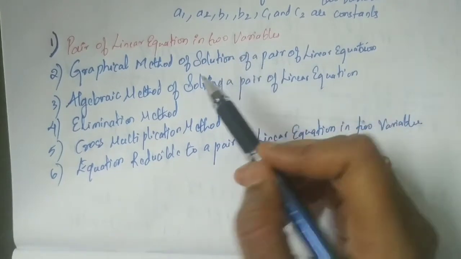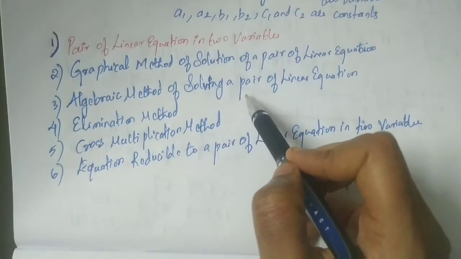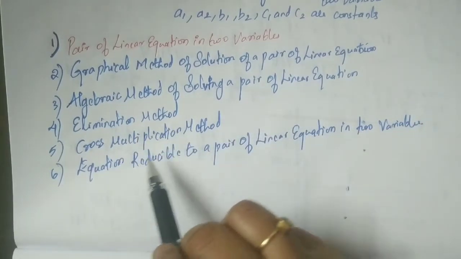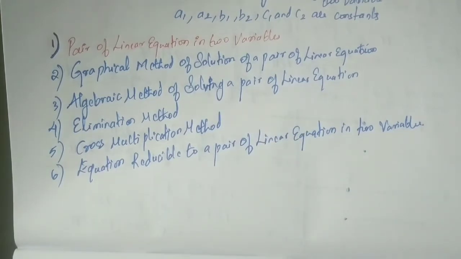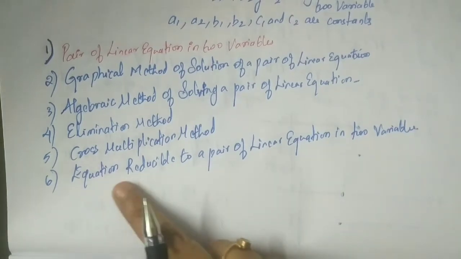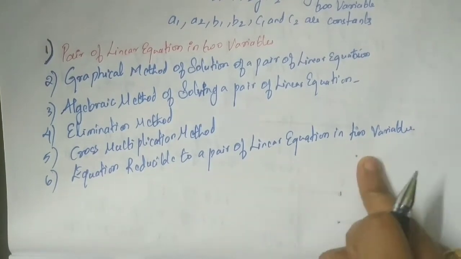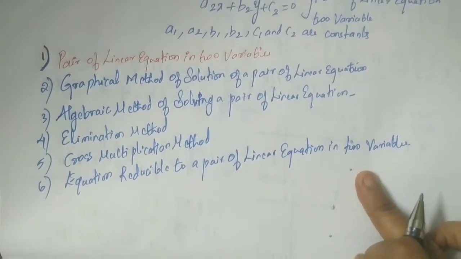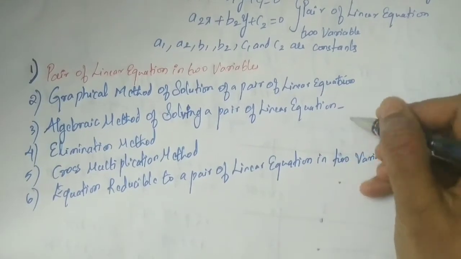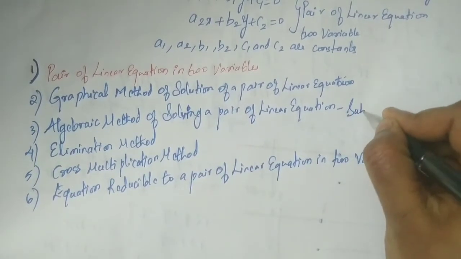Then algebraic method of solving a pair of linear equations, in that elimination method, cross multiplication method, and we also have equations reducible to a pair of linear equations in two variables. And in algebraic method, we will also be studying a method called substitution method. That is very important, substitution method. So all these concepts we are going to highlight in this video.